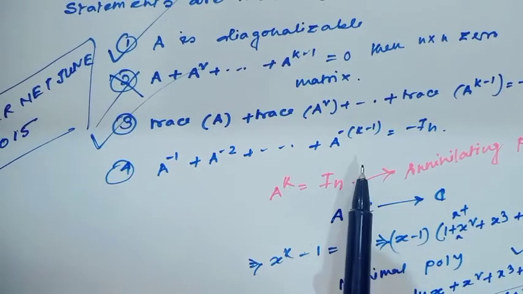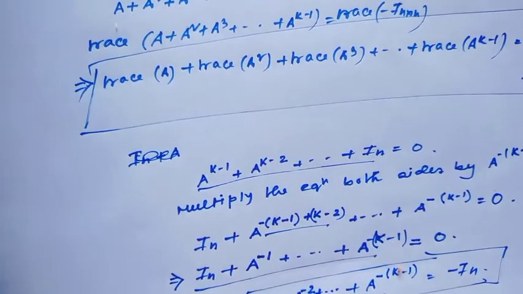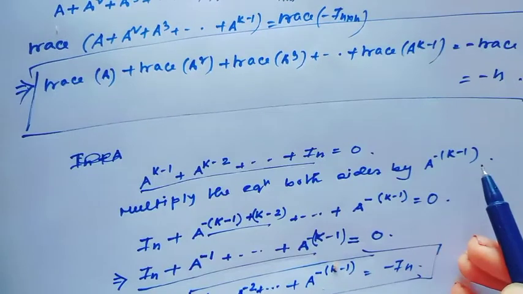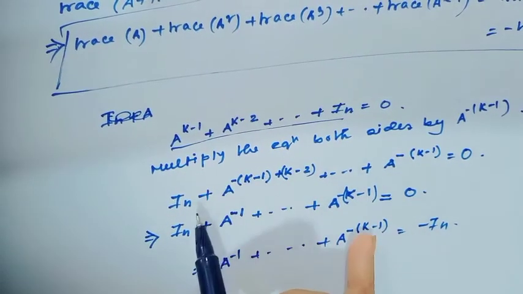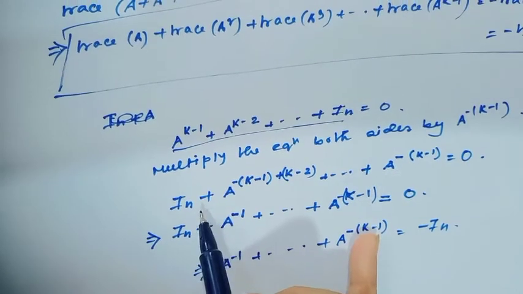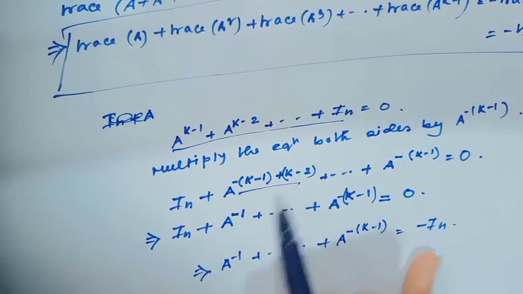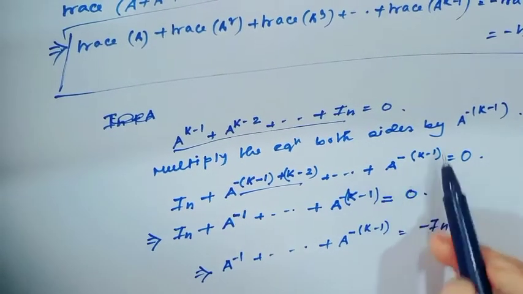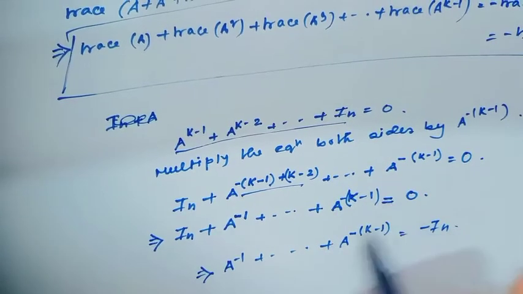Observe option 4. For option 4, multiply this equation on both sides by A to the power minus k minus 1. Then this equation would be reduced to identity plus A inverse plus, this continues, and here identity times A to the power minus k minus 1.